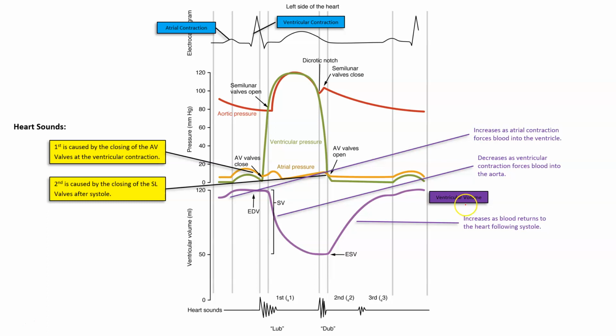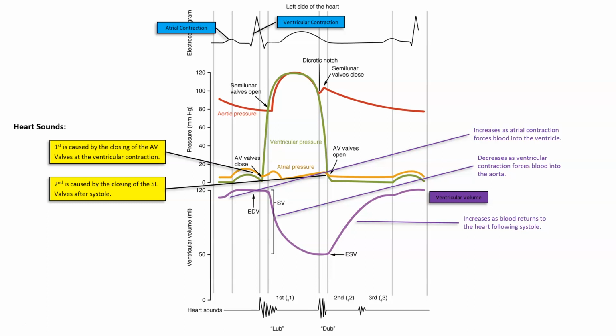And then we look at ventricular volume. In purple, ventricular volume, notice that it is kind of inversely related to ventricular pressure. As the ventricle contracts, it's forcing the blood out of the ventricle and into the arteries that are leaving the heart.